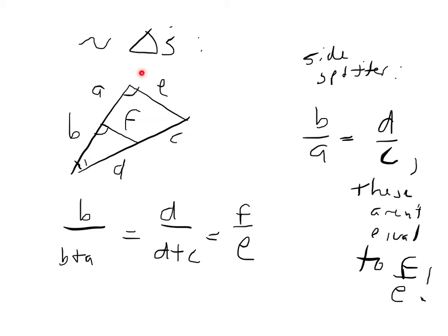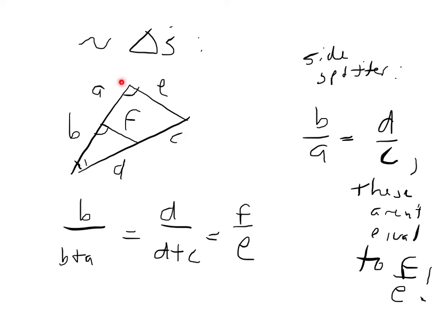I might also remember from this setup what was called the side splitter theorem: if I take a large triangle and cut two of the three sides by a segment that's parallel to the third side, I set up B to A equals D to C. Note that B to A equals D to C is true, but those two, B over A and D over C, are not equal to F over E. That F over E has got to come from making sure that you get side of similar triangle to side of similar triangle, side to side.